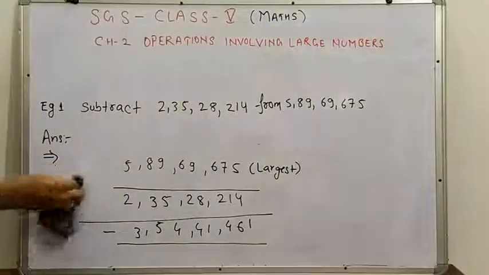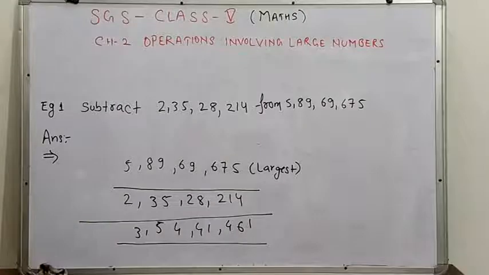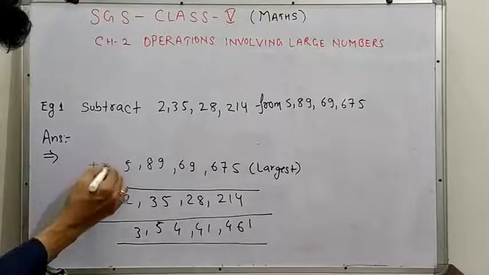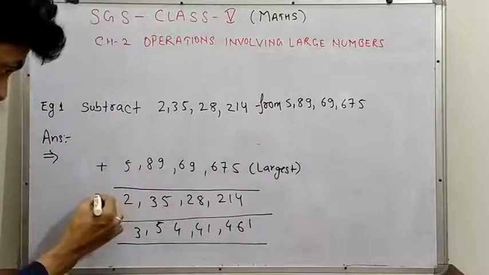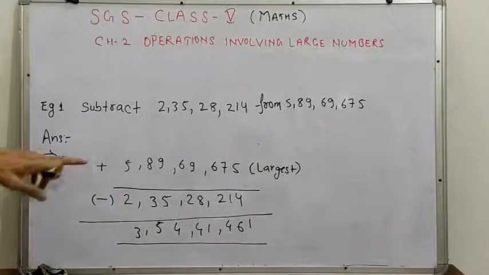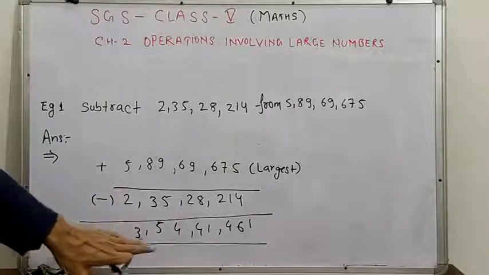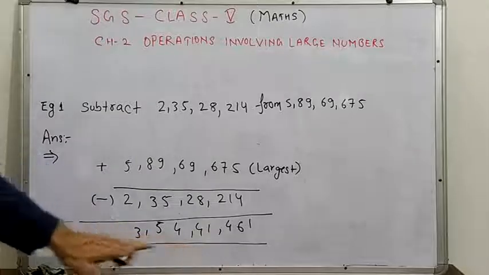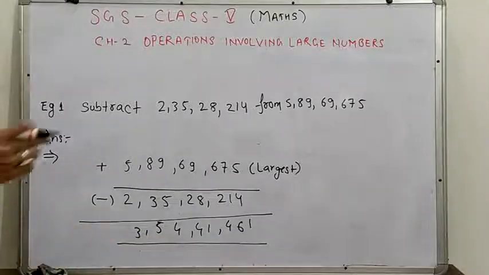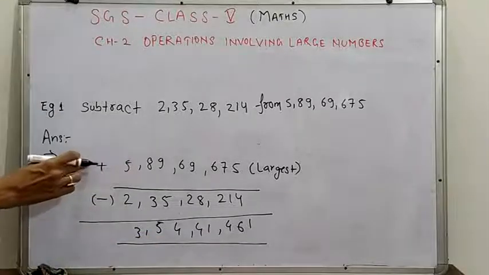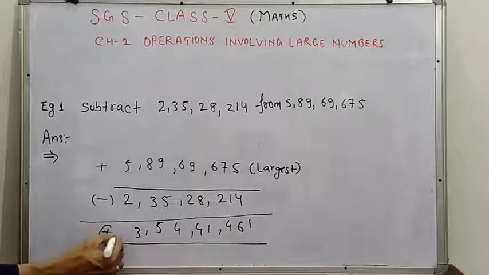That is, this number will become positive and this number will become negative. So when we subtract from this number to this number, the answer will be the same, but here the symbol will be changed. Now the largest number has a positive symbol, so we apply the plus symbol.